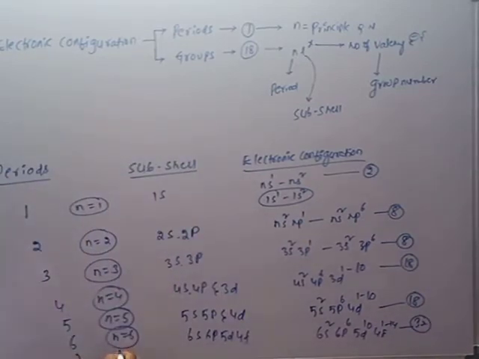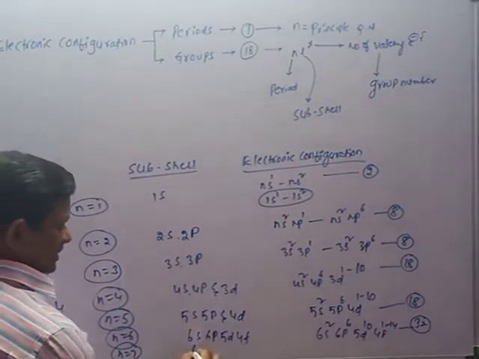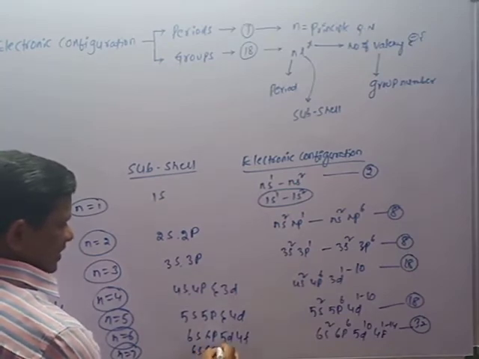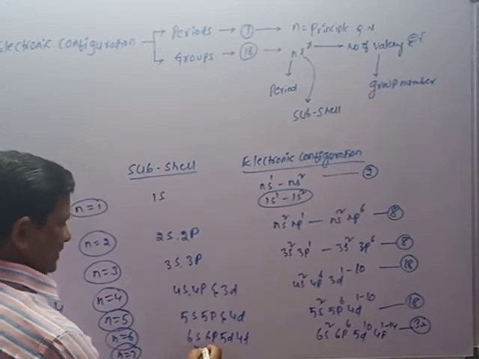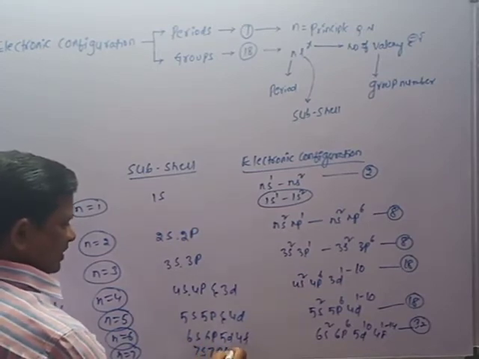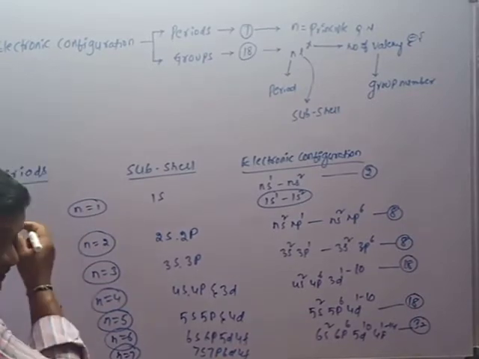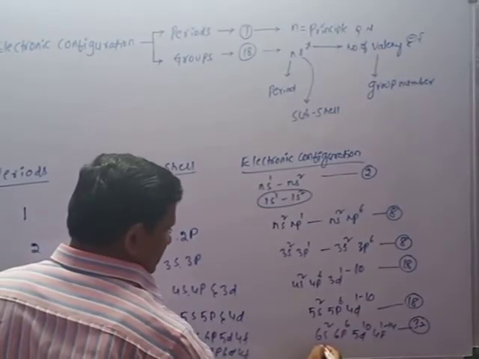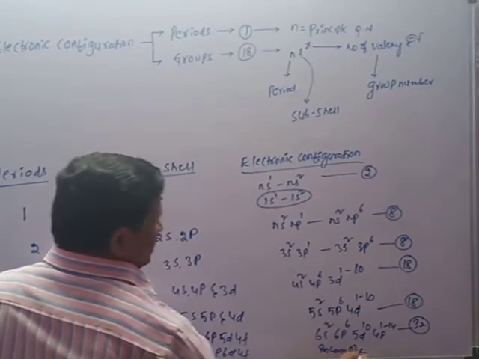Now seventh period, n equal to 7. So then it is incomplete. Actually it is 6s, 6p, then it comes 7s, 7p, 6d, 5f. So it is the incomplete period.